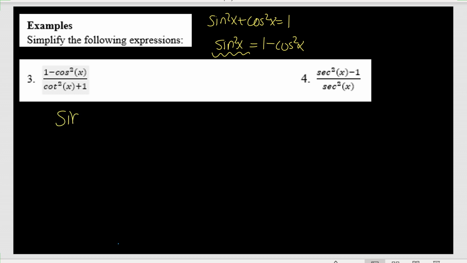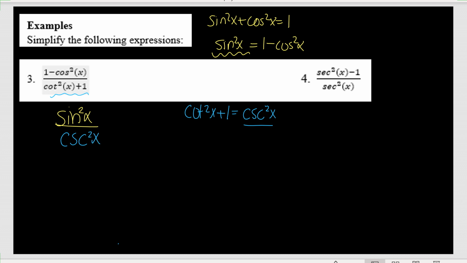I can replace that numerator with sine squared of x. The other identity that we have is cotangent squared of x plus 1 equals cosecant squared of x. So we can straight up replace the denominator with cosecant squared. Great, that was actually pretty easy.